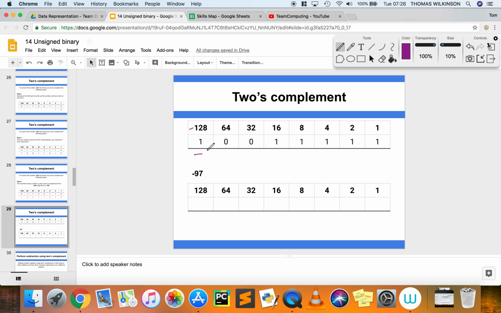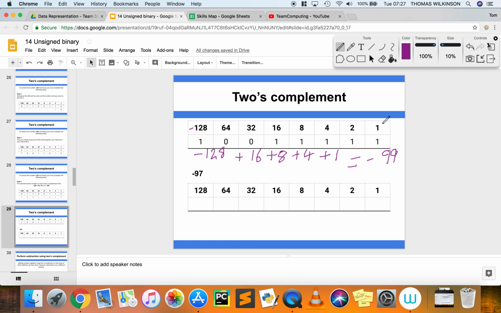So we're going to have a minus 128, and we're going to add 16 to it, and we're going to add 8 to it, we're going to add 4 to it, and we're going to add 1 to it, which, if we just apply our maths, we're going to end up with minus 112. We're then going to have minus 104, minus 100. We're going to have 99 as our final answer. So the value is going to be minus 99.